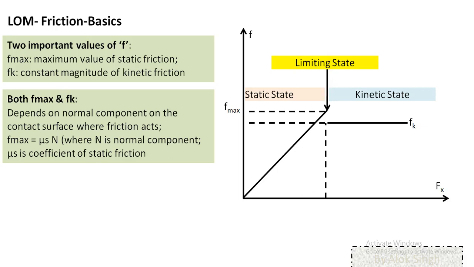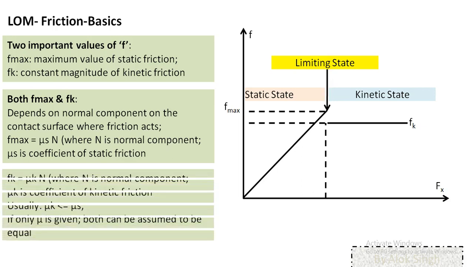So what is Fmax equal to? Fmax is equal to mu s times the normal component, mu s times N, and mu s is called the coefficient of static friction, and mu s depends on the nature of the two surfaces which are in contact. So as the value of the normal component increases, the value of maximum friction force also will change.